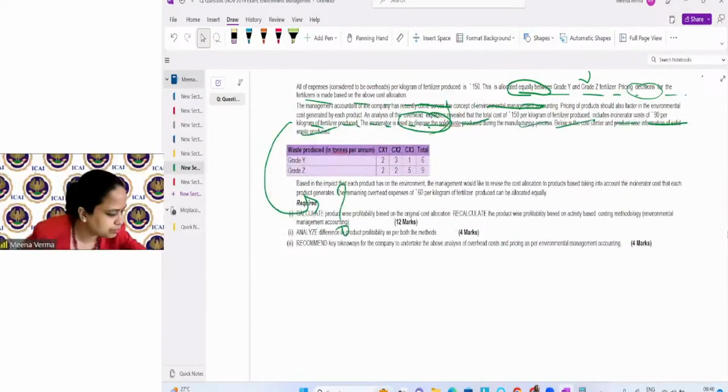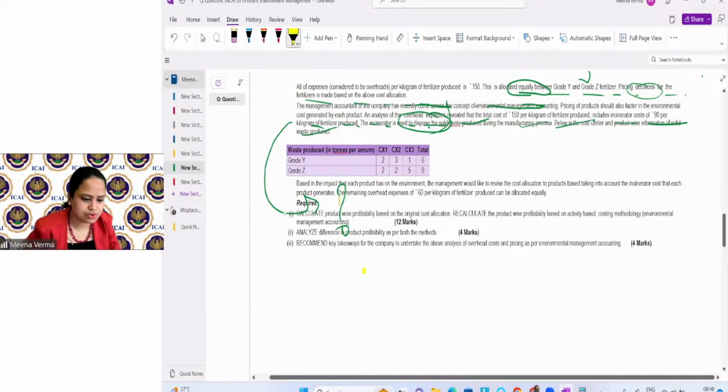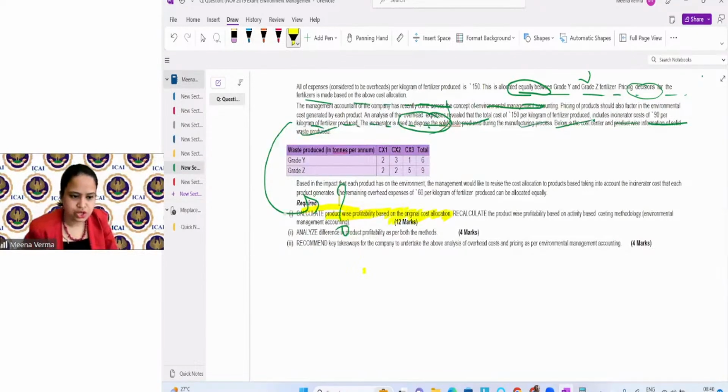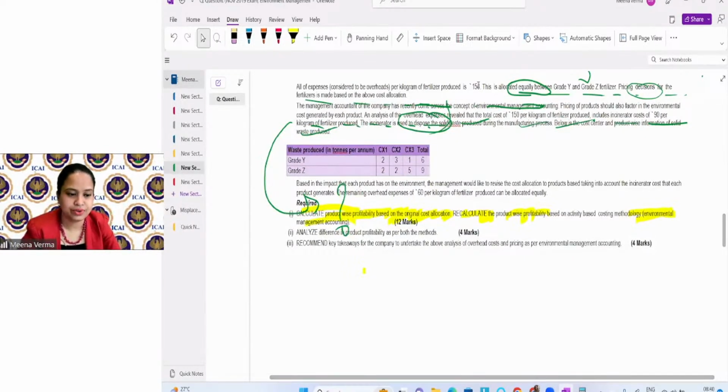What was the question? The question was this. Give me 1 minute. This was the question. Calculate the product-wise profitability based on original cost allocation. So this was the original cost allocation where they have completely ignored the environmental management accounting. Now we have to recalculate and refine the product profitability considering the environmental management accounting also. Means we have to do it again, right? Okay, give me 1 minute.